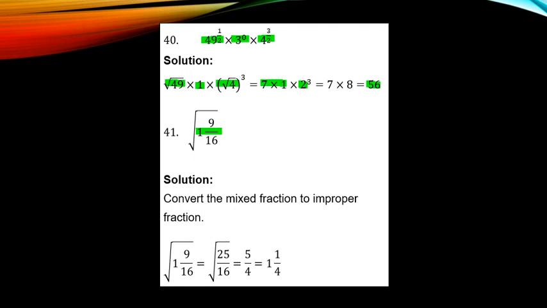You start with the denominator 16, multiply by the whole number 1, that is 16, plus the numerator 9, so you have 25 over 16. And if you take the square root, you have 5 over 4. If you convert back to a mixed fraction, you have one whole number, 1 over 4. Okay, so this one is the simplest so far.